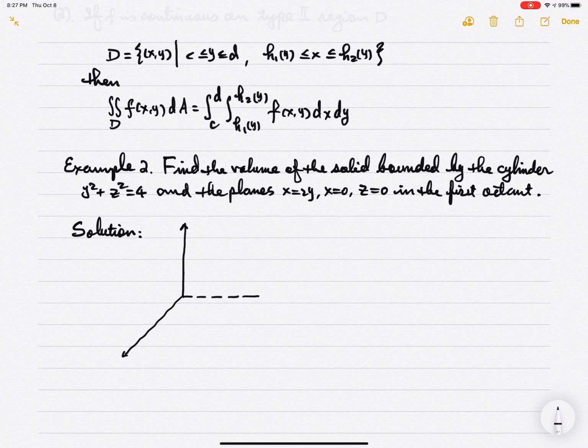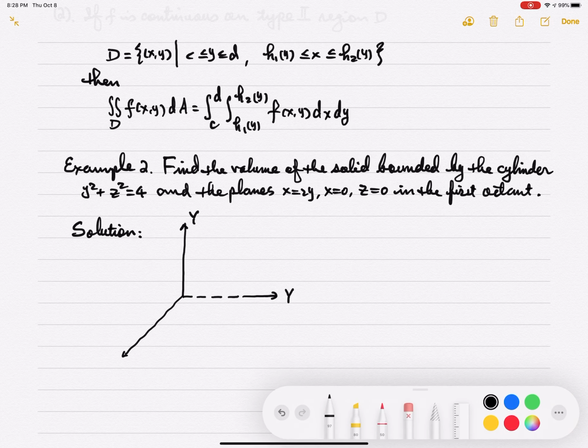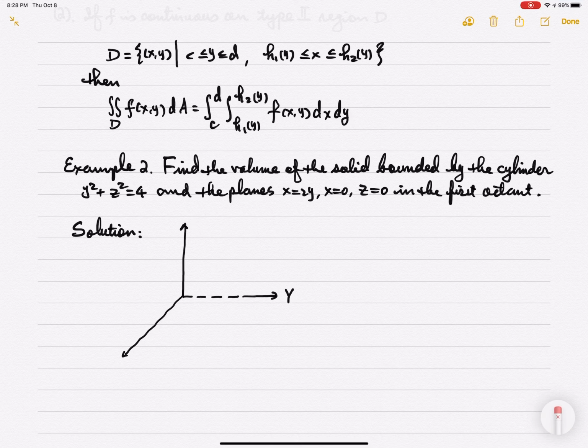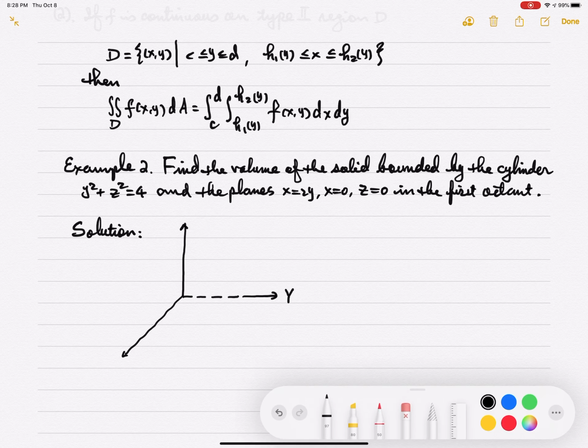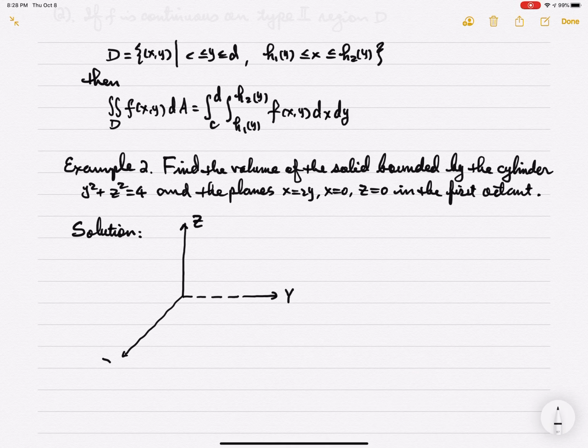Okay, so here we say this is the y-axis. Now, if you think about it, y squared plus z squared equal to 2 squared. On the yz plane, it is a circle, center at the origin, radius equal to 2.